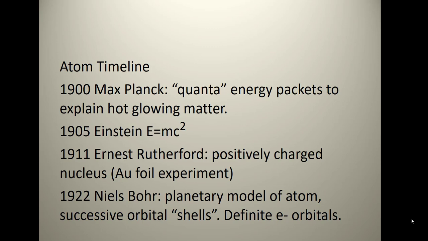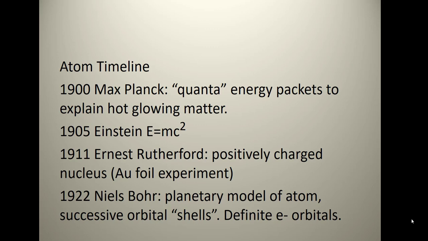And now let's come to a Danish physicist who studied and came up with an idea of what the atom might have looked like. This is Niels Bohr. Niels Bohr looked at light and was able to look at that light and its association with the electron in the atom. And he came up with a planetary model of the atom.